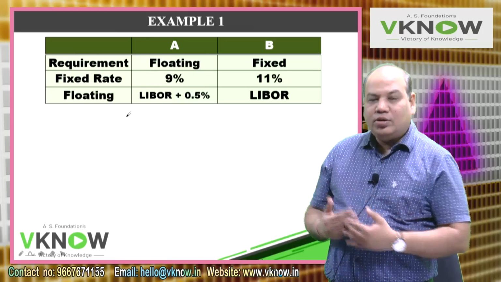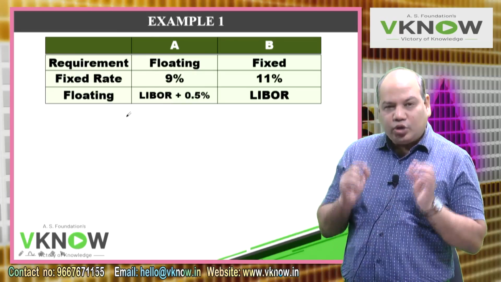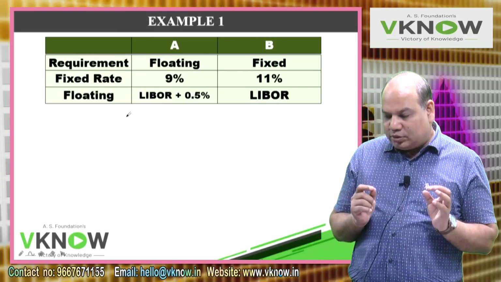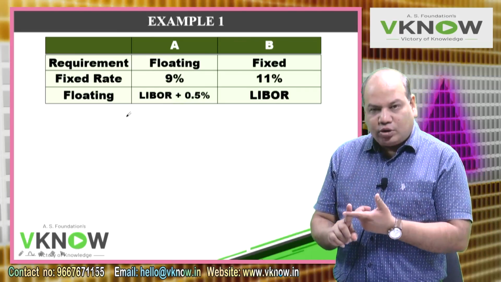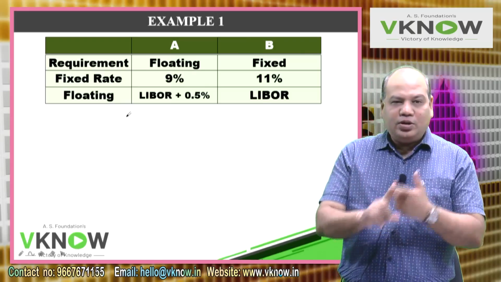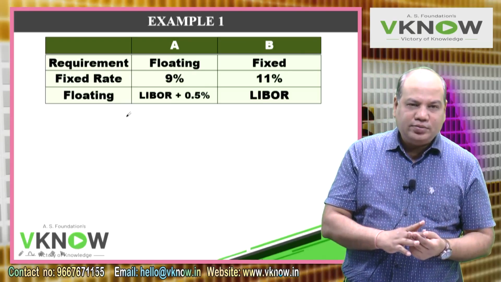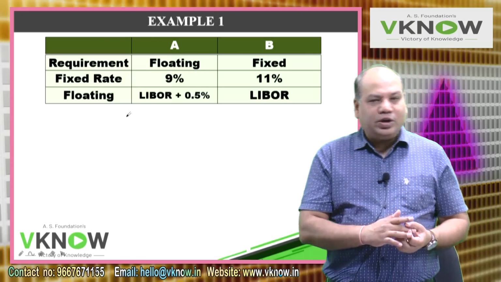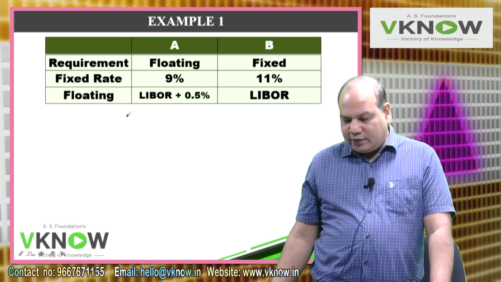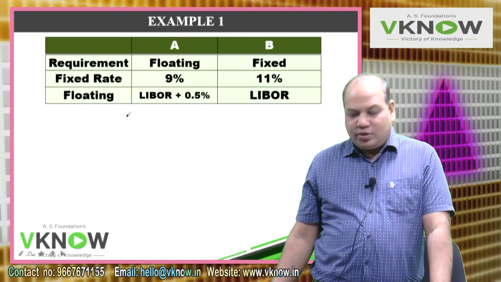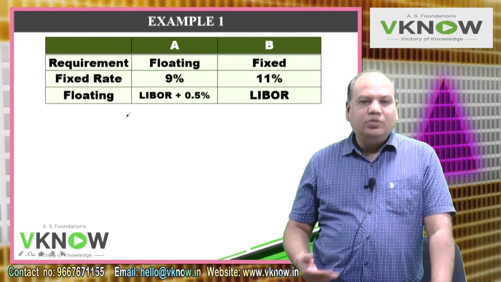You pay me 9%. So effectively what will happen now? A will pay at LIBOR and B will pay at 9%. So by entering into an interest rate swap arrangement in this example, A will save 0.5%, B will save 2%.